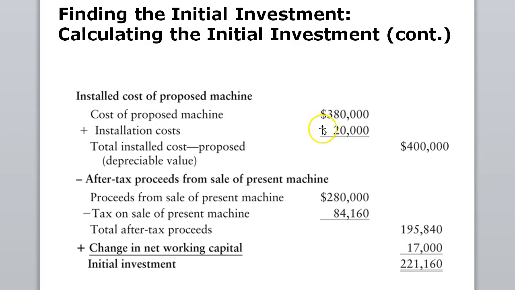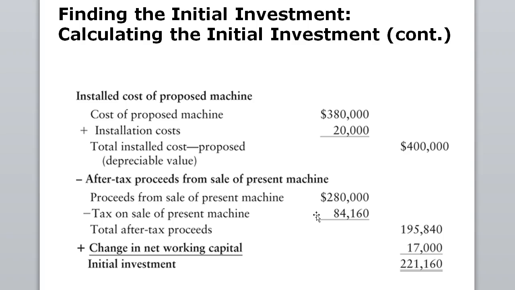Cost of new machine plus installation costs gives a total installed cost of $400,000. Selling the old machine at $280,000, minus the tax on the sale of the present machine. Since we're selling the present machine at a profit, a capital gain above book value, there's going to be tax, which we calculate to be $84,000.